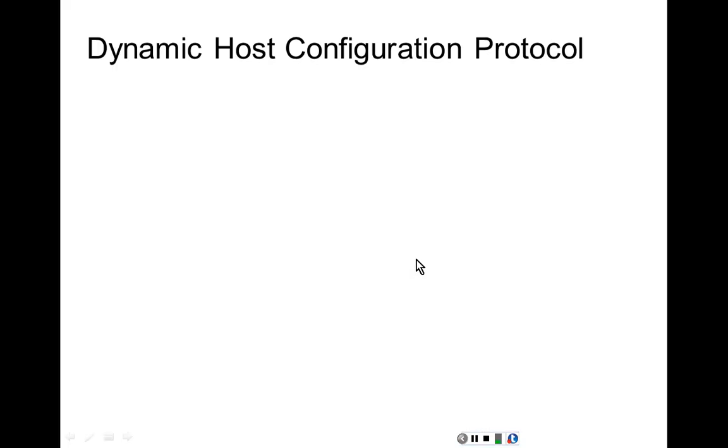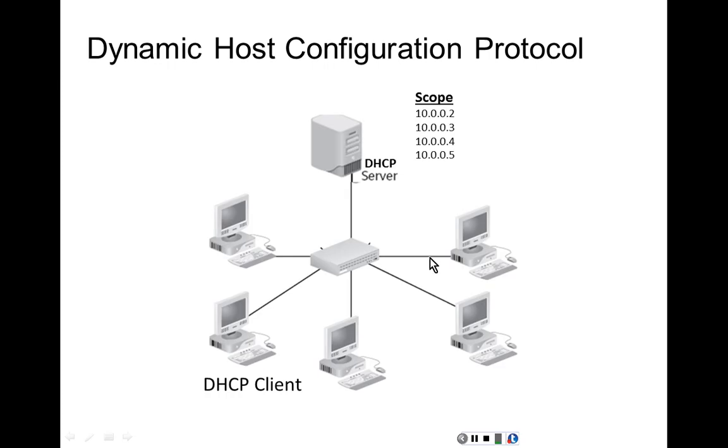The solution is the Dynamic Host Configuration Protocol. With the Dynamic Host Configuration Protocol, you do not go around to each workstation and assign the first workstation an IP address, and the second workstation an IP address, and a third workstation an IP address.